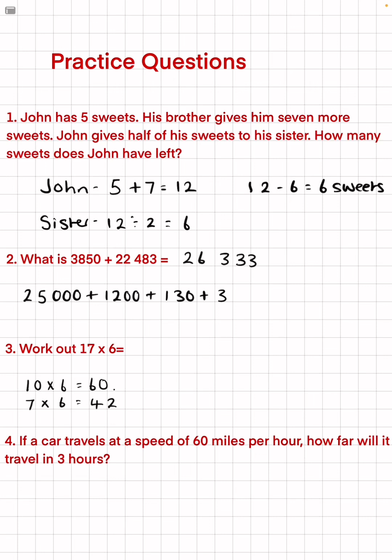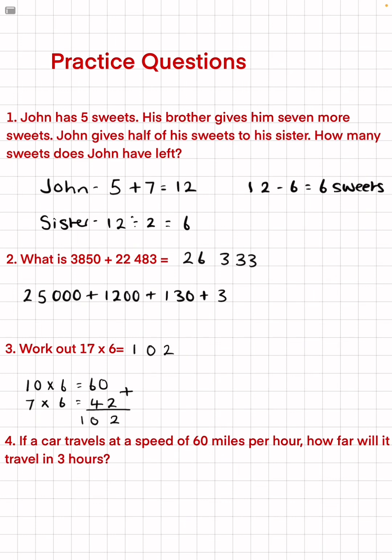Now we can add these two numbers together to get the answer to this calculation. 0 add 2 is 2. 6 add 4 is 10. So the answer to 17 multiplied by 6 is 102.